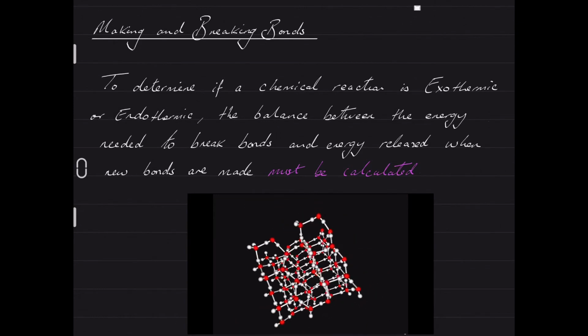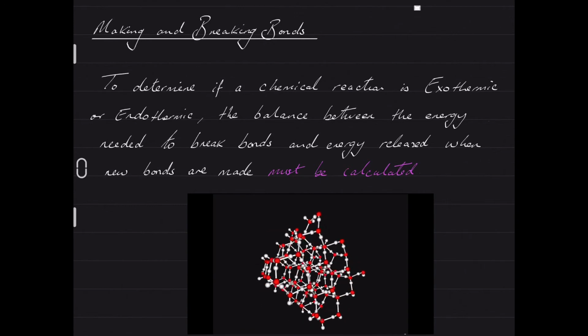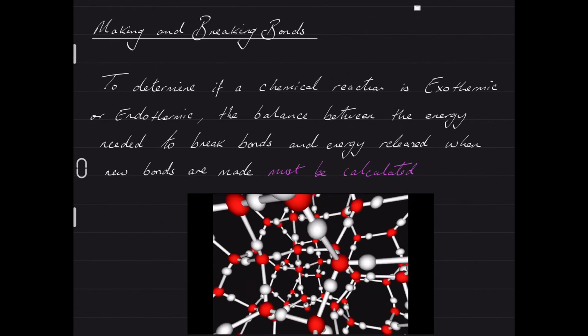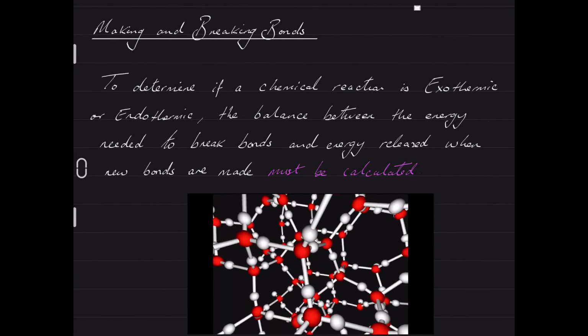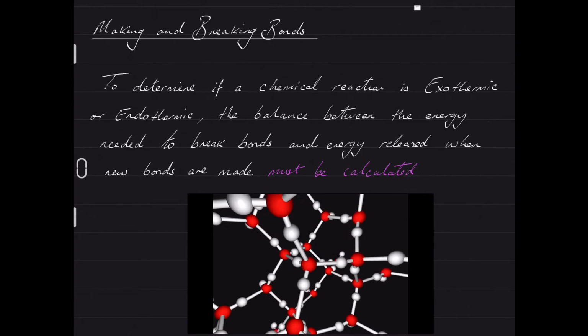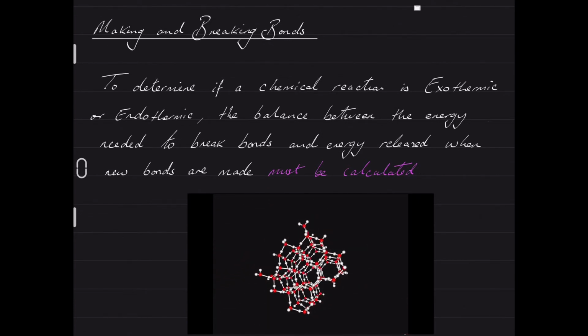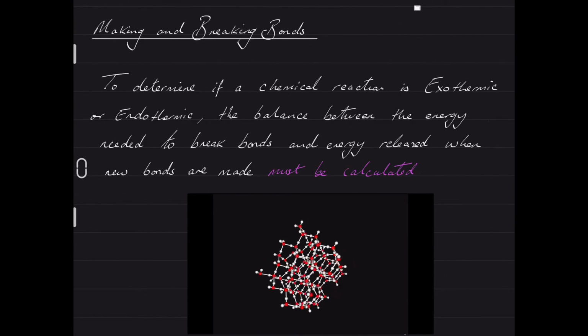So to determine if a chemical reaction is exothermic or endothermic, the balance between the energy needed to break the bonds and the energy released when new bonds are made must be calculated. And once we have that calculation, we can determine if a reaction is endothermic or exothermic.